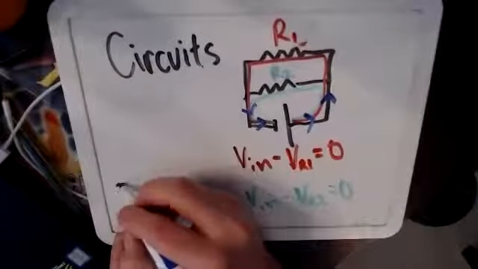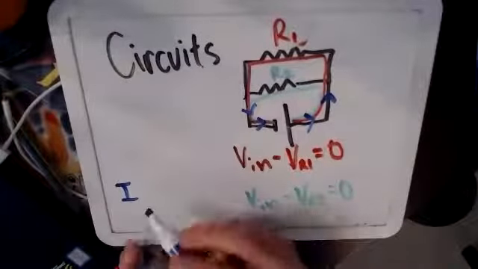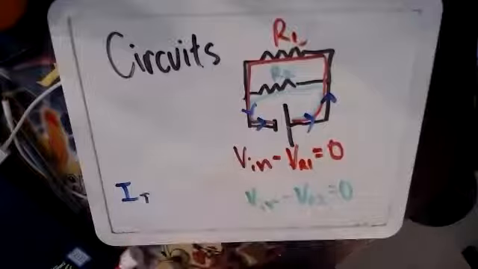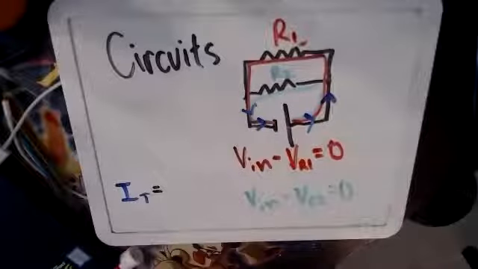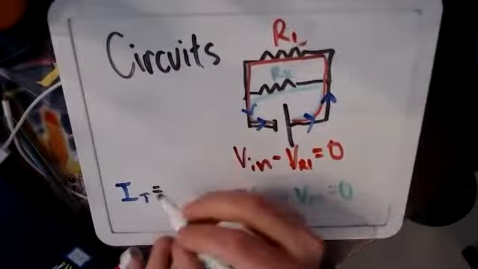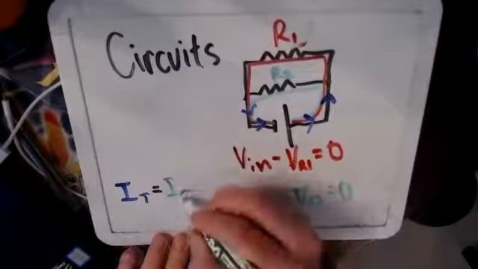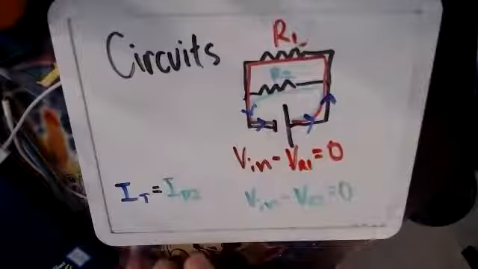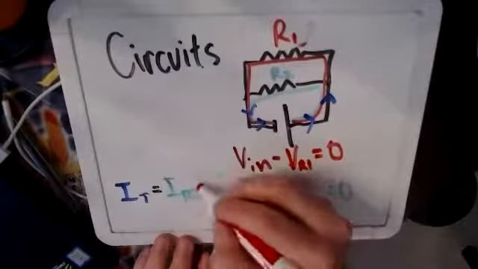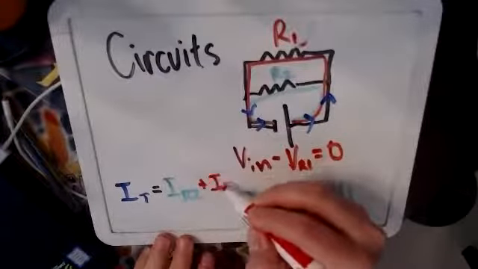So I say that I have this blue current, which is in this case the total amount of current, and that is equal to, this is the junction rule, the current in R2 plus the current in R1.